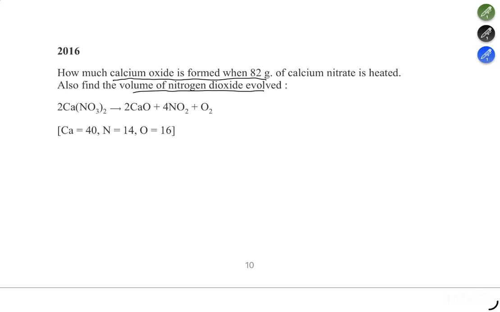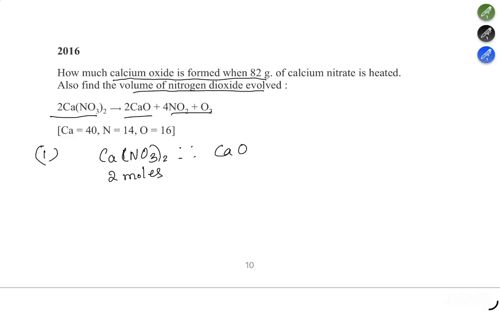So calculating for any quantity of reactant which is used or volume of the product produced, we have to refer to the balanced equation. So you see the equation here. Now the first part of the question, they are asking the calcium oxide formed from calcium nitrate. So what is the mole ratio for calcium oxide to calcium nitrate in the balanced equation?